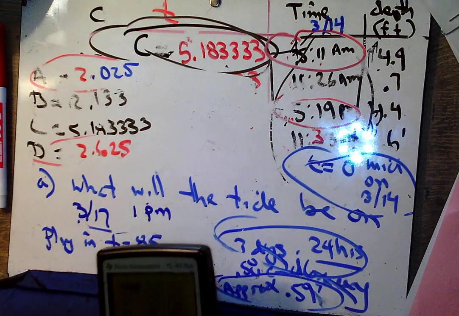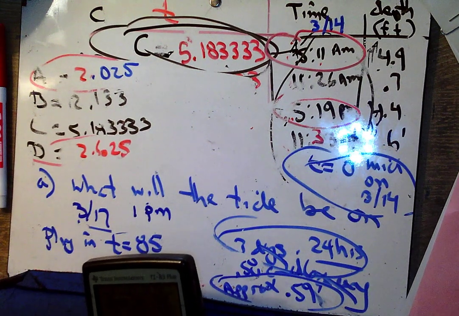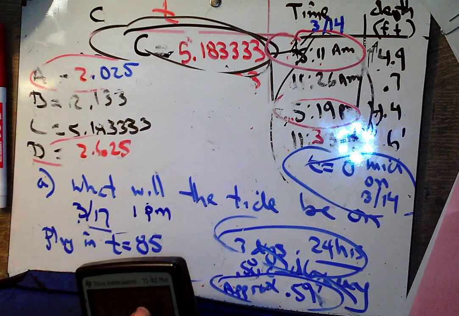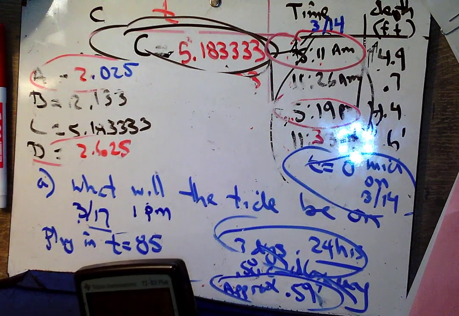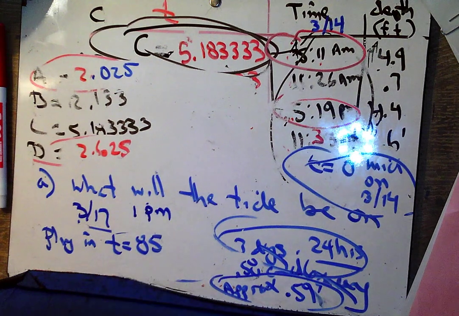And I go to my table and I put in 85, and there I go. I've got 0.84, 0.855, and well, that's very different. Yeah, that last one that I put in, I don't like that one at all. The first two, yeah, I like those.